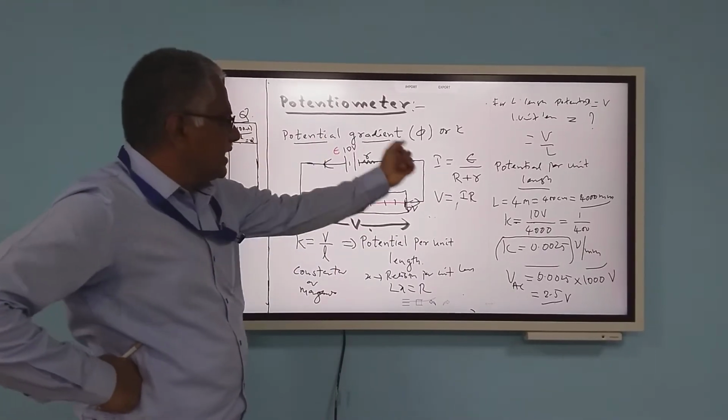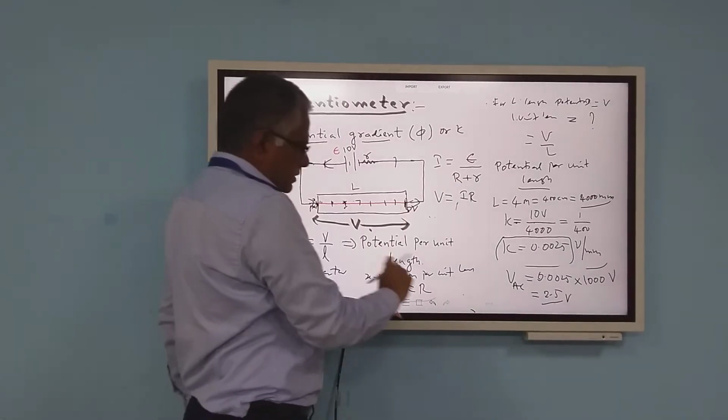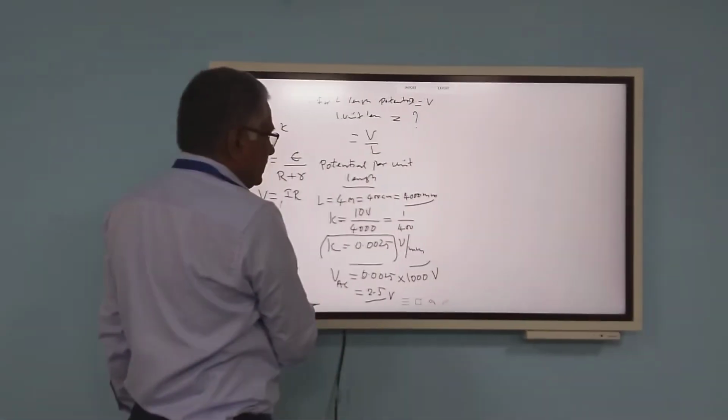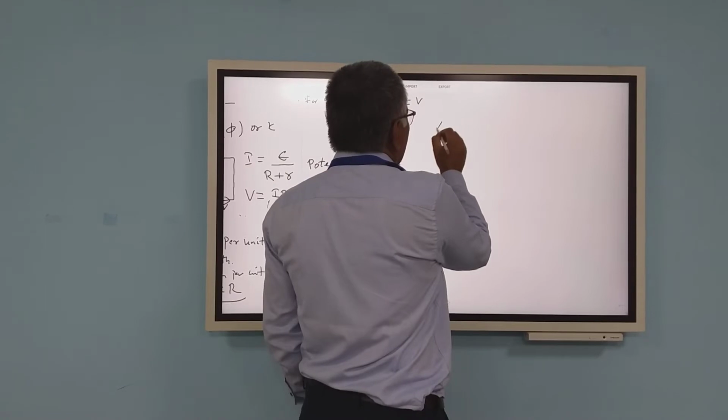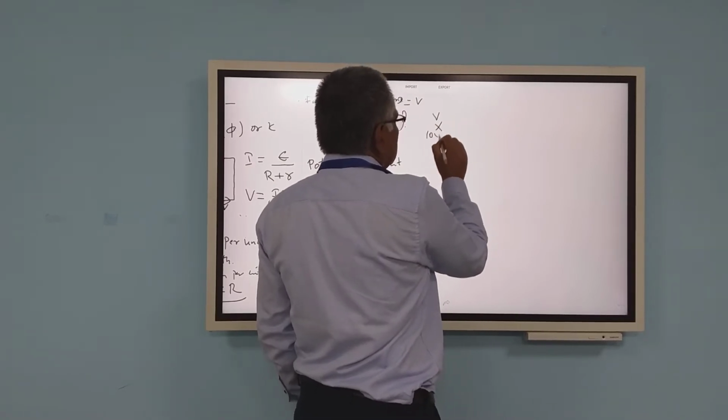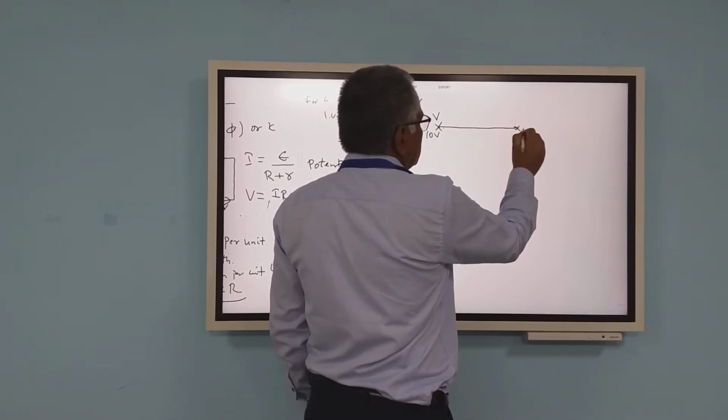This is not the potential gradient. If I go along this wire, the potential at this point is 10 volt and at the other end it is 0.